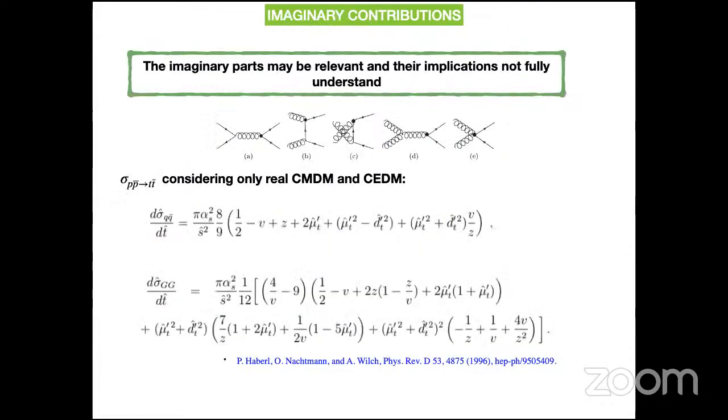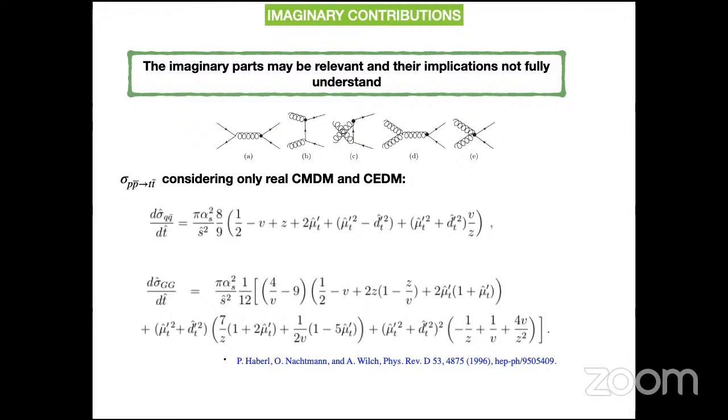So to see the contribution of the imaginary part at the LHC, I want to study the contribution in the top pair, the top anti-top production at the LHC. I show here the contributing Feynman diagrams to this process, and we have to calculate two different cross sections.